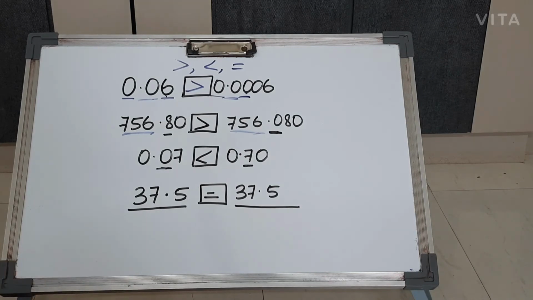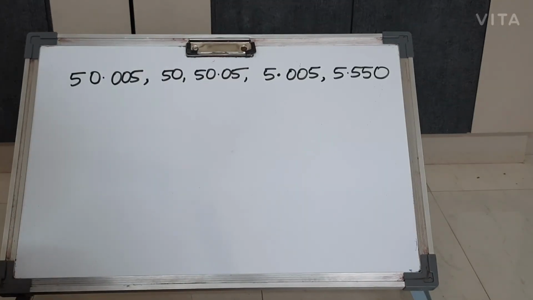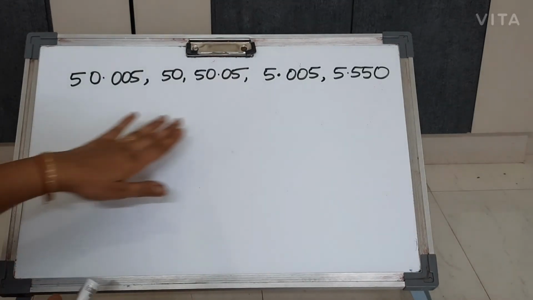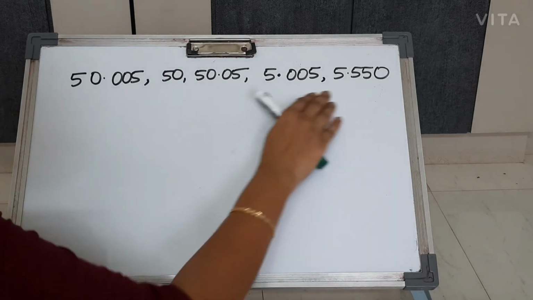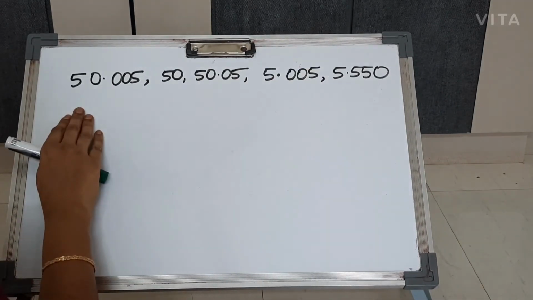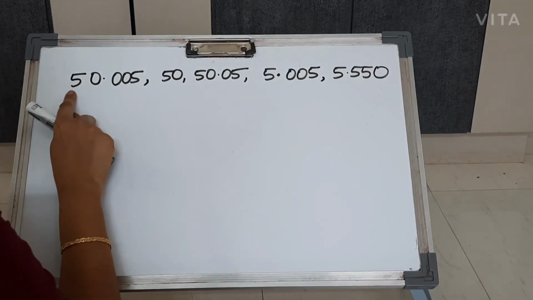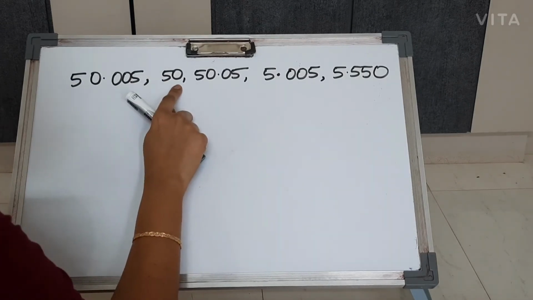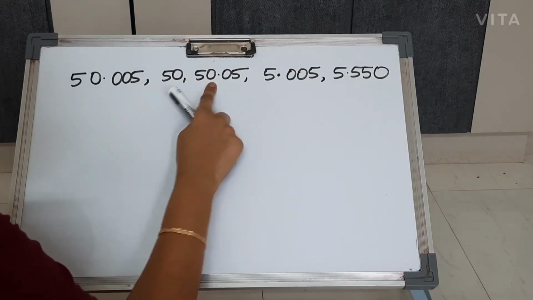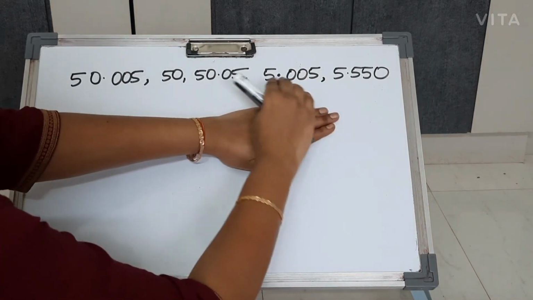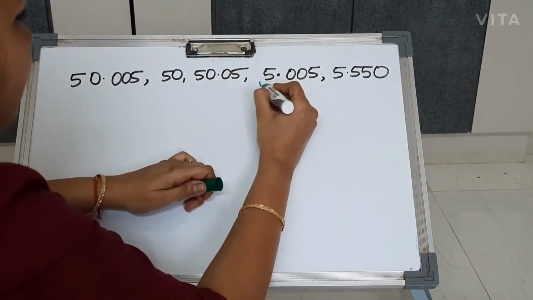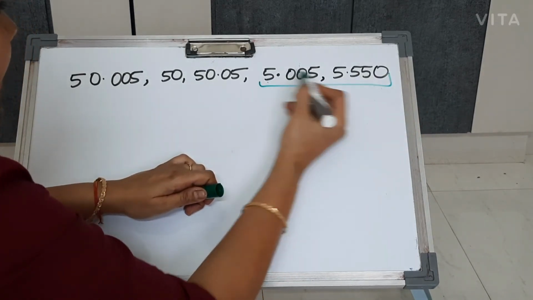So coming towards the next question. Now if we are going to arrange these numbers in increasing order. Increasing order means small to big. So which is the smallest number of all? We will check. Before the decimal first we will read the numbers. 50. This is 50. This is again 50. Here it is 5 and 5. So for the small number first we will see these two numbers, this is 5, this is 5.